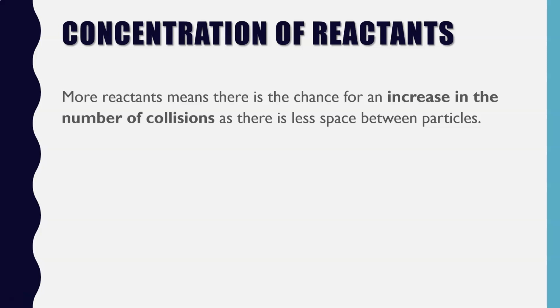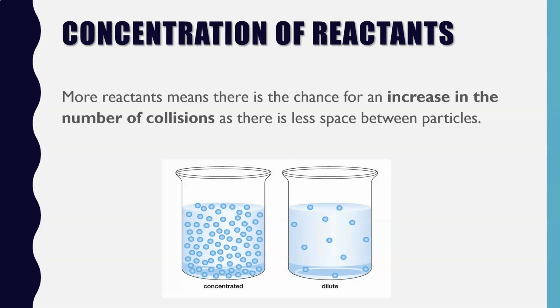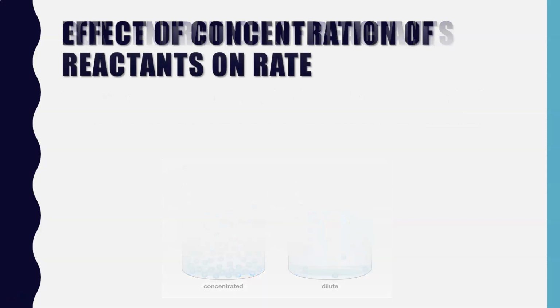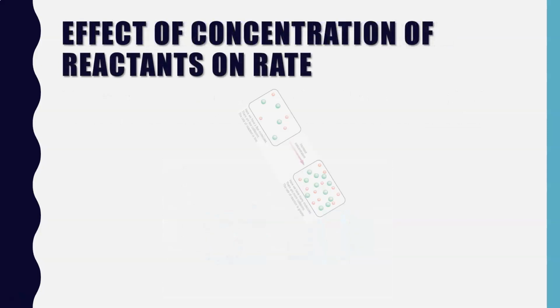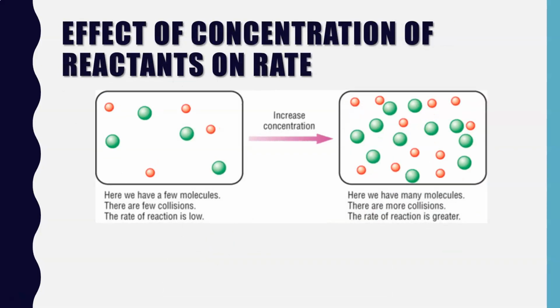Alright, so more particles of the reactants means there's more chance of collisions, okay, and there's less space between our particles. So again, we're seeing our concentrated solution and our dilute solution now. So what are the effects of concentration?